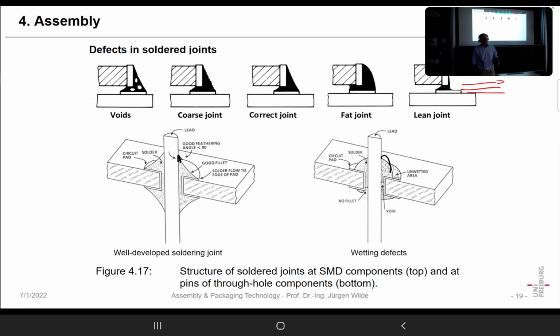Unfortunately, when you have such a situation, normally in temperature cycles, both joints work against each other. And if they are equal, the load is distributed equally. But now you have a fat and a lean joint, they work against each other. And of course, the lean joint will fail much earlier than the fat joint. So the fat joint normally isn't a problem for itself, but it's rather a problem for the second joint.